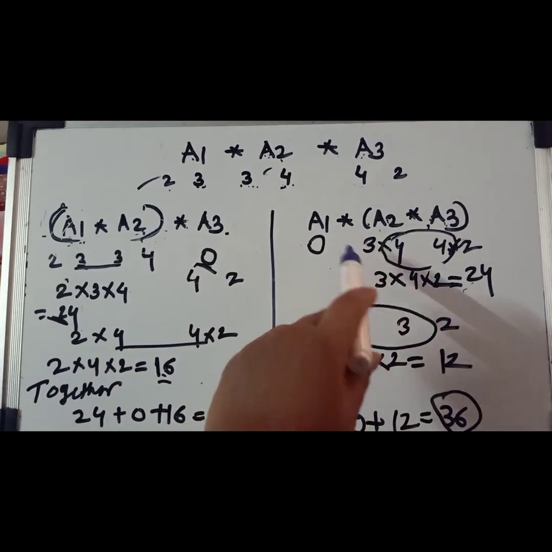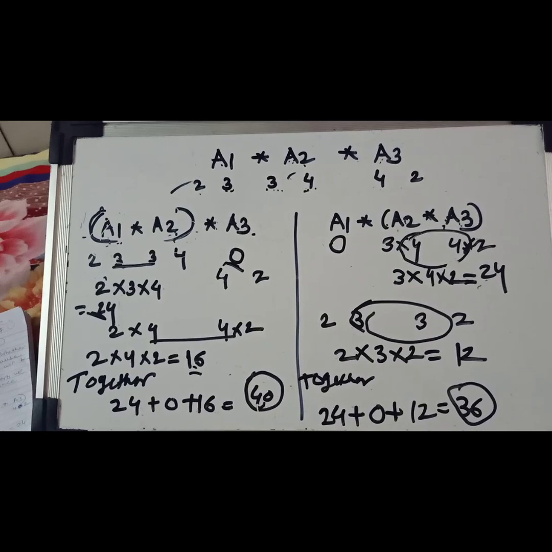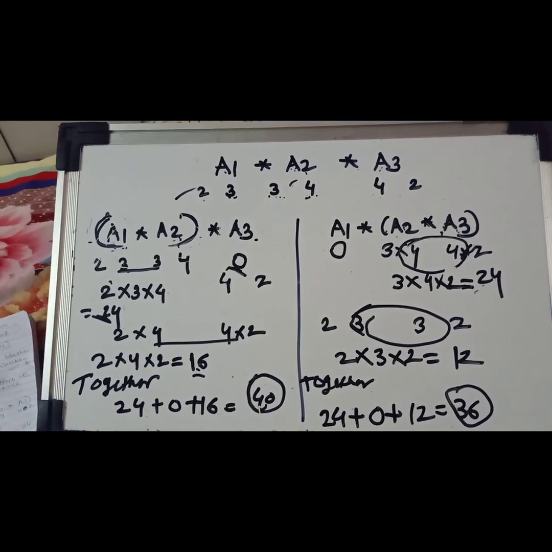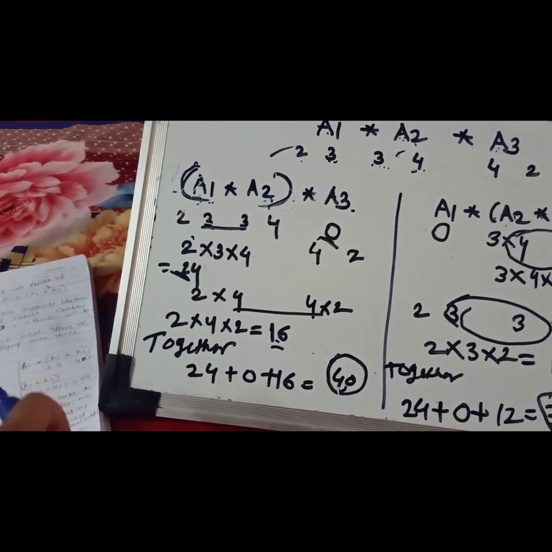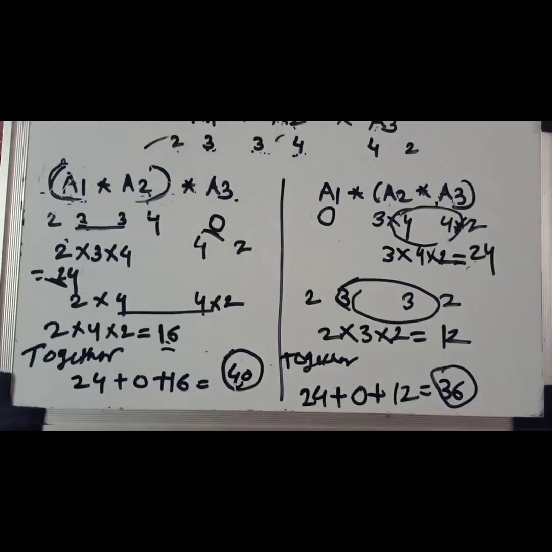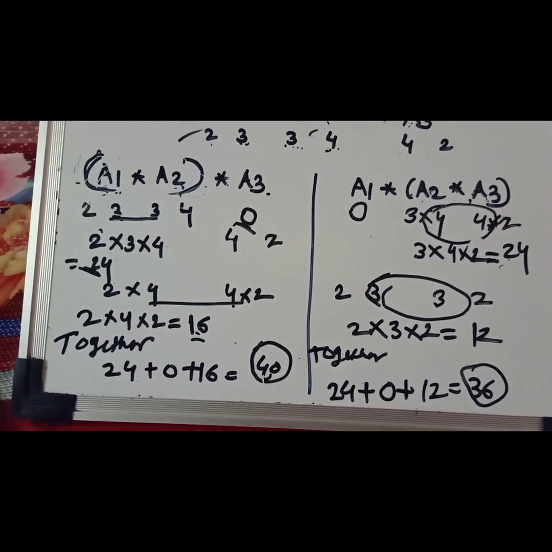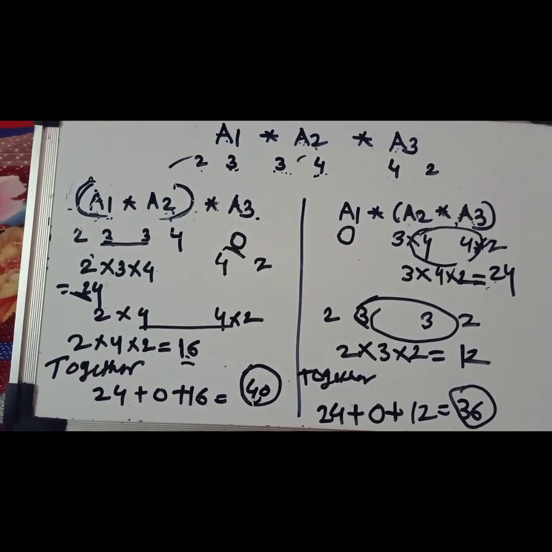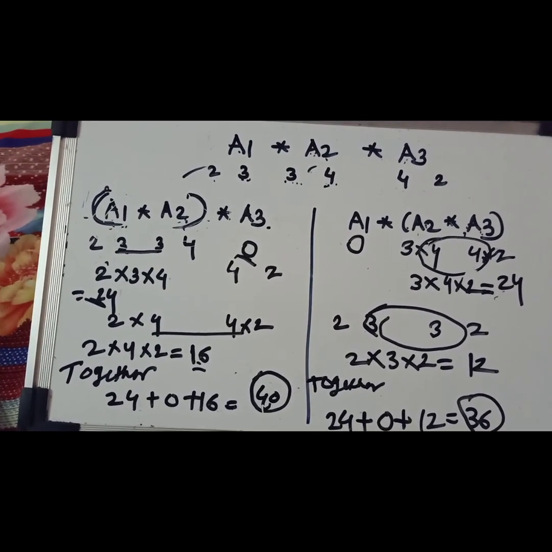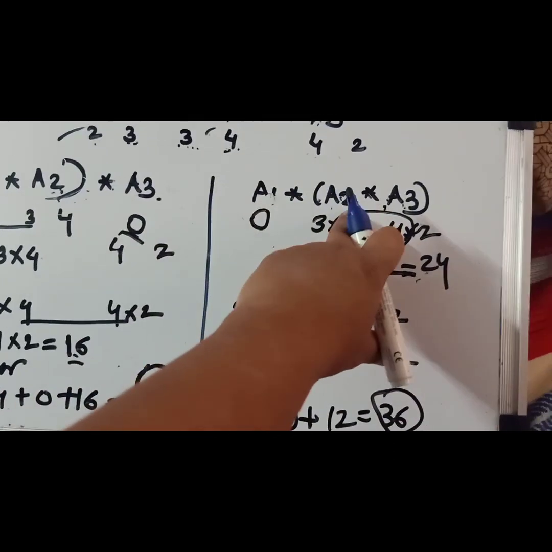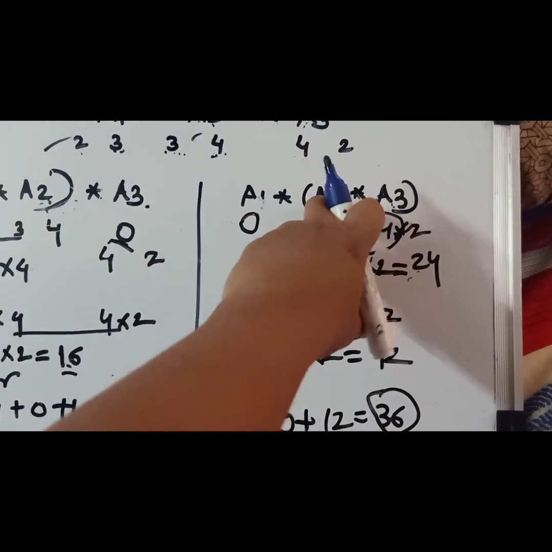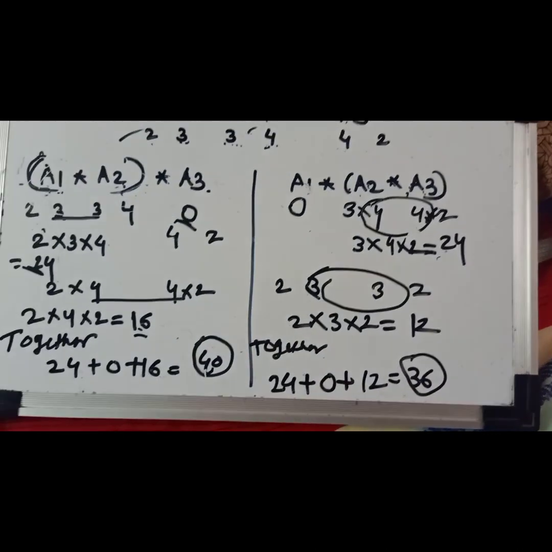But when I go for the second one, where I multiply the result of a2 and a3 with a1, I require a total of 36 multiplications. So of course the minimum value is 36. What you need to understand here is which method of parenthesization works effectively. So of course a1 into a2 into a3 with a2 and a3 grouped gives us a total of 36 multiplications.